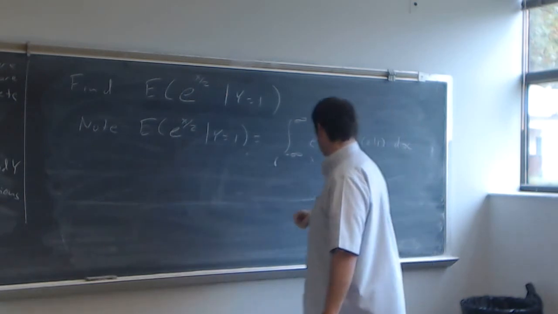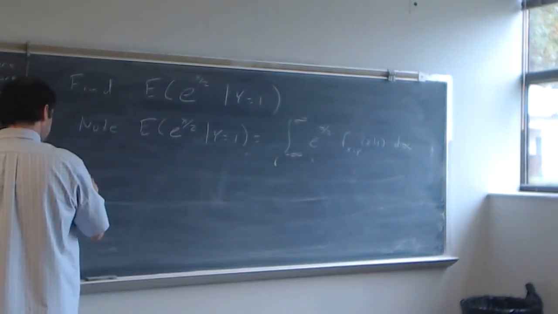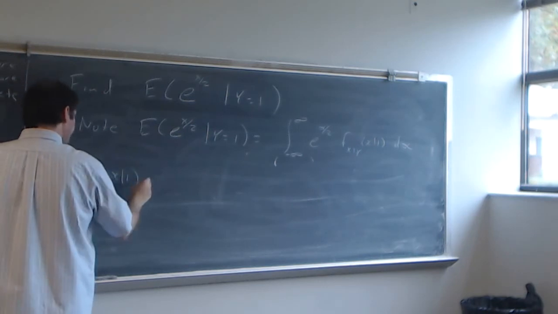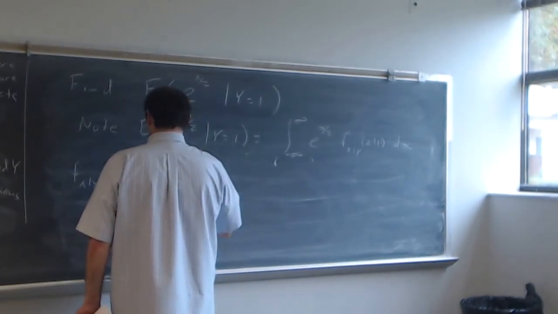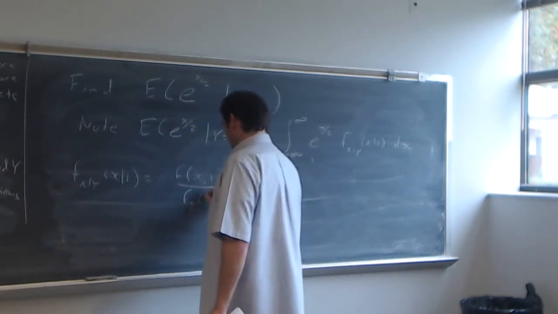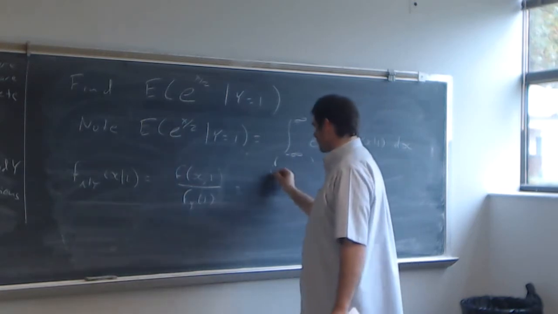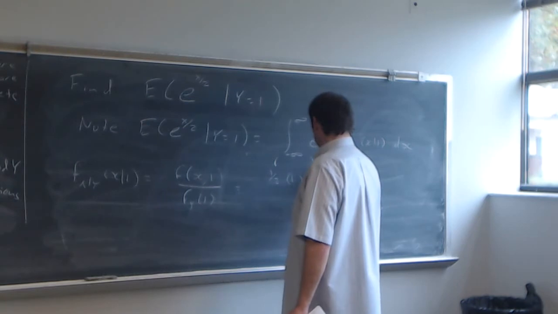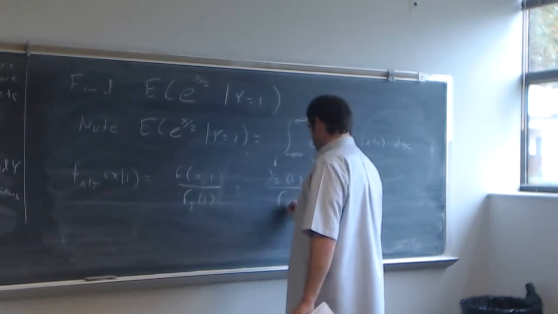Okay? So I need to find certain things here. So what's the conditional probability density function of x given y equal to 1? Well, that's defined to be f of x, 1 over f sub Y of 1, which is equal to, so if I look over here, that's 1/2, y is 1, so it's 1 times e to the minus x times 1 over f sub Y of 1.